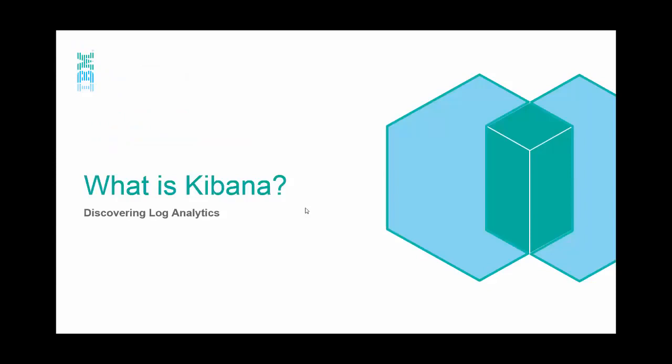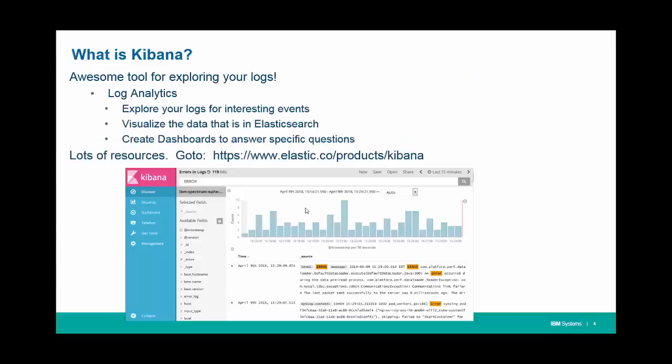Okay, so first of all, what is Kibana? Well, Kibana is a really useful tool for doing log analytics. It allows you to explore your logs very easily and lets you visualize that data. You can create dashboards to answer specific questions, and there are lots and lots of resources.